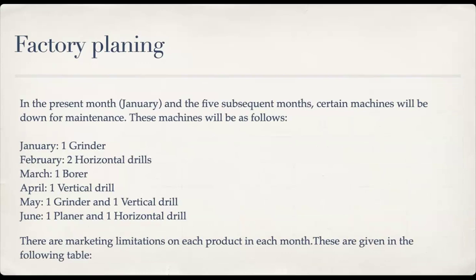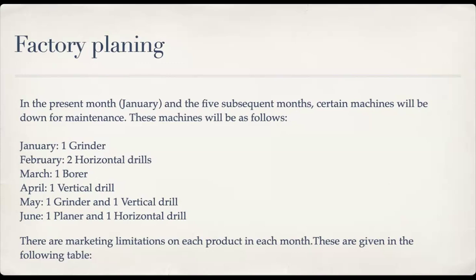Totally we have 4 grinders, right? So that means in January we have only 3 grinders available. And in February, we plan to shut down 2 horizontal drills.